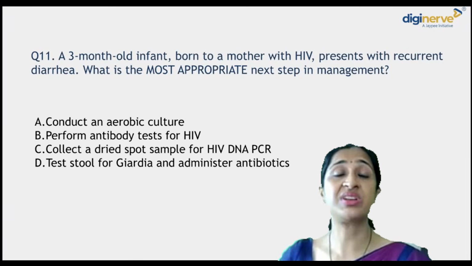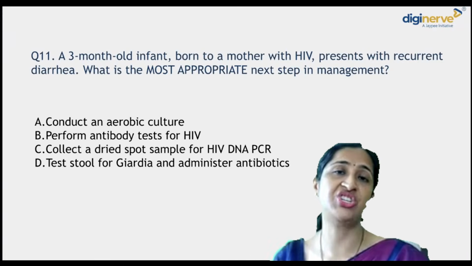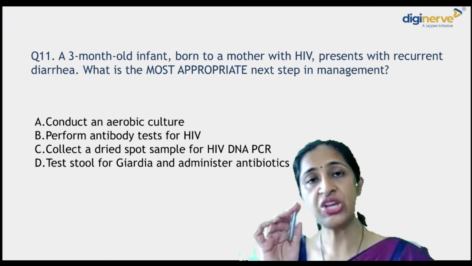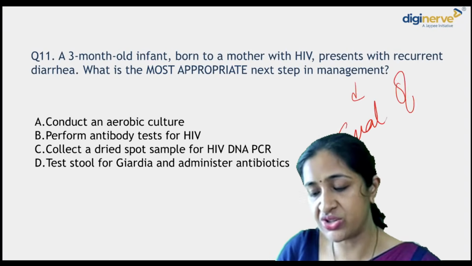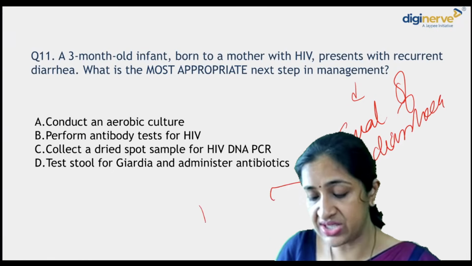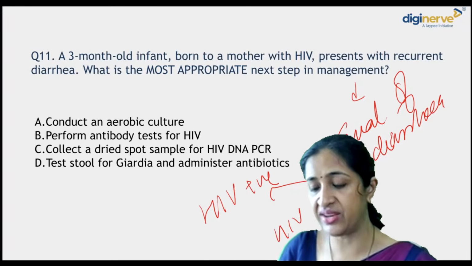Yes. But what is your appropriate step when you know the mother is HIV positive? You have to ensure whether the baby is HIV positive or not, so that your evaluation for diarrhea, okay? So evaluation of diarrhea goes totally different if it is an HIV positive neonate and an HIV negative neonate.